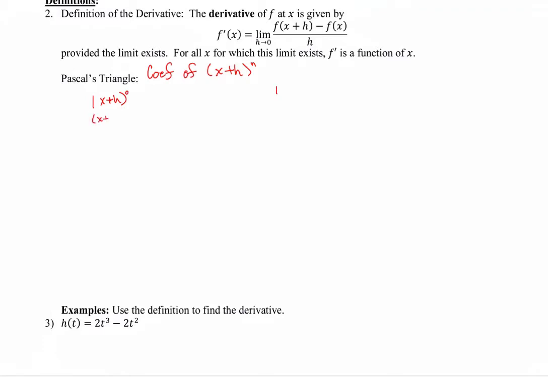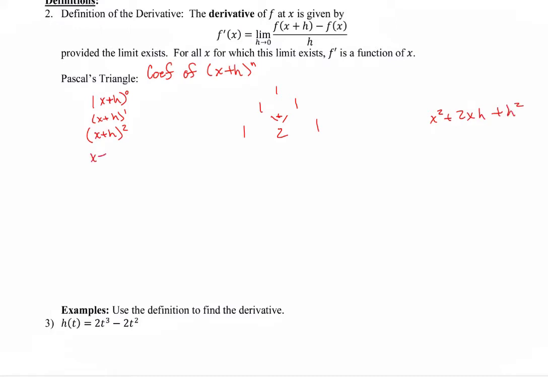If I have x plus h to the first, the coefficients are 1 and 1. If I have x plus h squared, it's 1, 1 plus 1 is 2, and then 1. That would be written as x squared plus 2xh plus h squared.